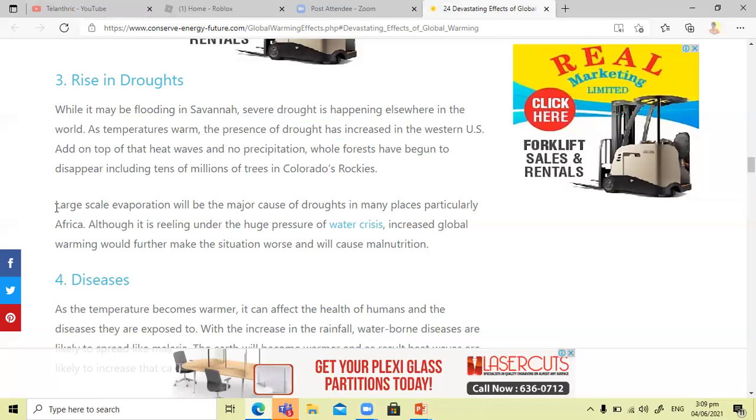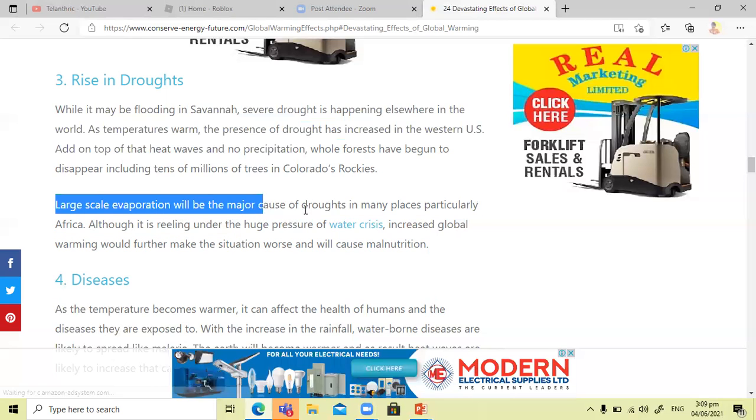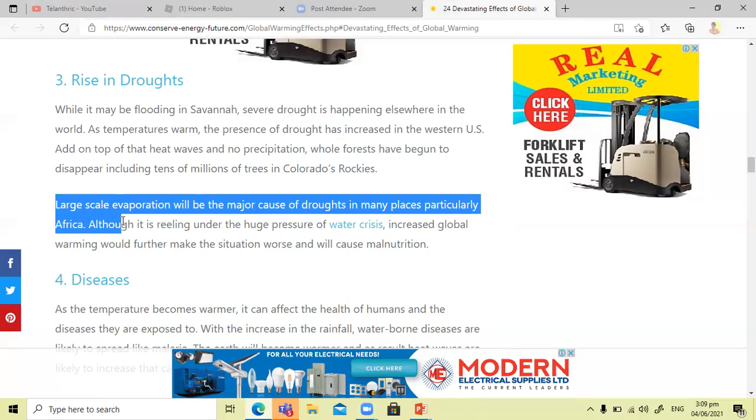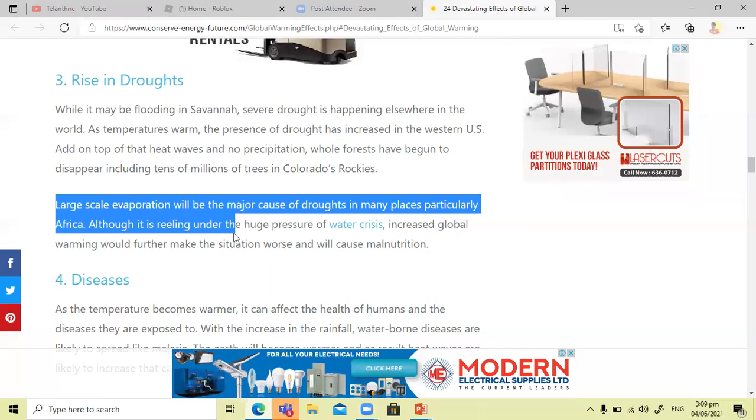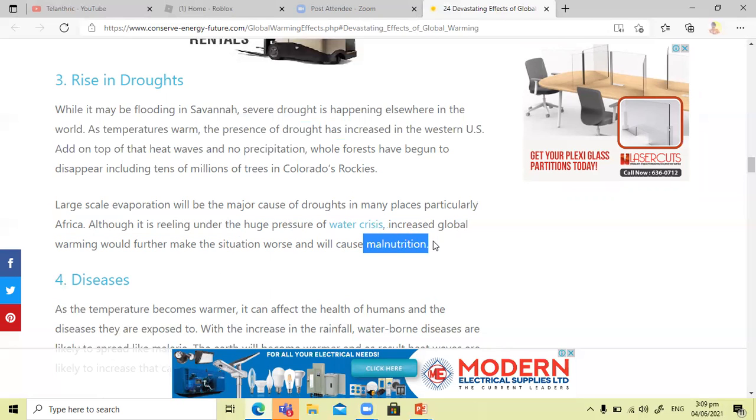So a large scale of evaporation will be the major cause of droughts in many places, particularly Africa. Although it is reeling under the huge pressure of water crisis, increased global warming would further make the situation worse and will cause malnutrition.